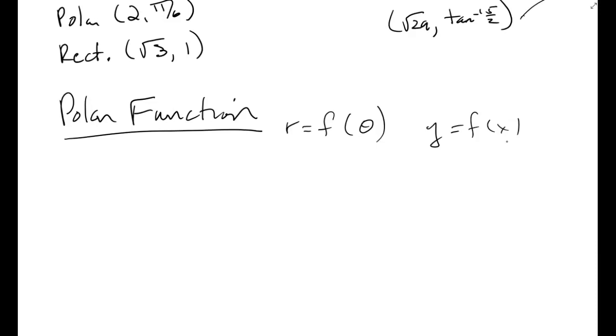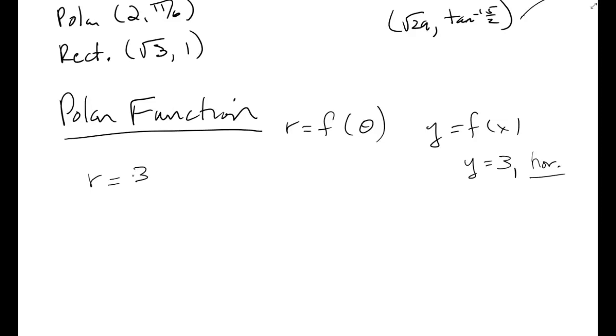So there's some very basic functions. The same way you know, hey, if y equals 3, what kind of a line is that in your rectangular system? If y equals 3 and only 3, then you know you have a horizontal line at y equals 3. So what happens if we have a polar function that is simply r equals 3? That says the radius is always 3.